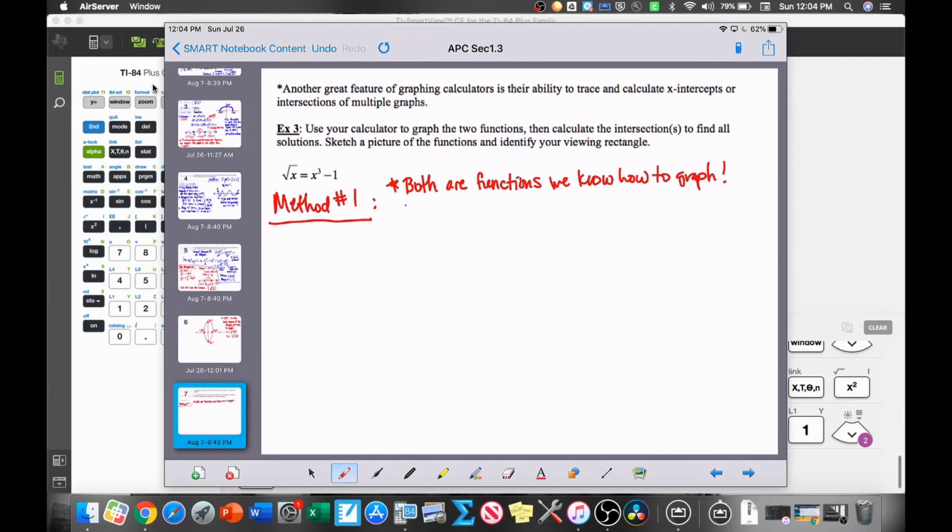You could think of it as y1 is the square root of x, and y2 is x cubed minus 1. Based on that, I know what these functions look like exactly. I can graph them perfectly without the aid of my graphing calculator at this point. It's not even needed.